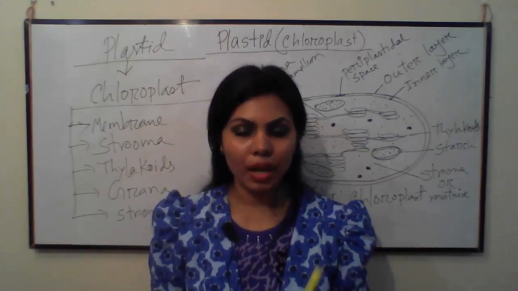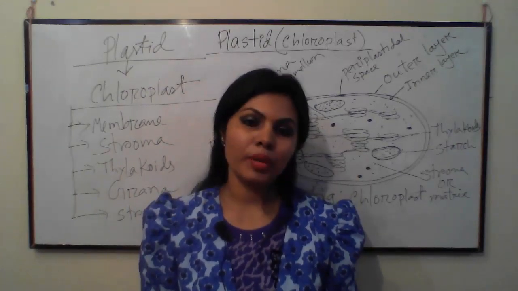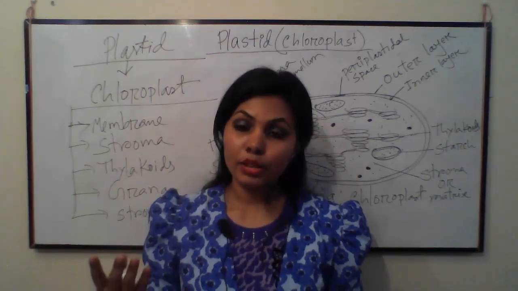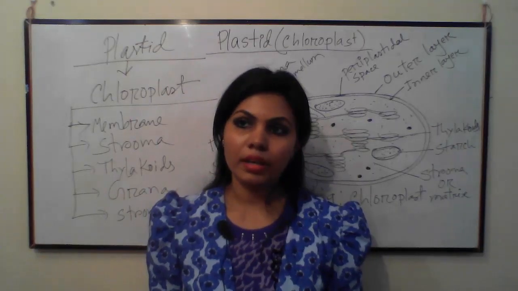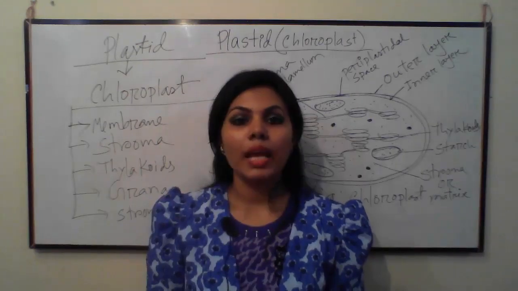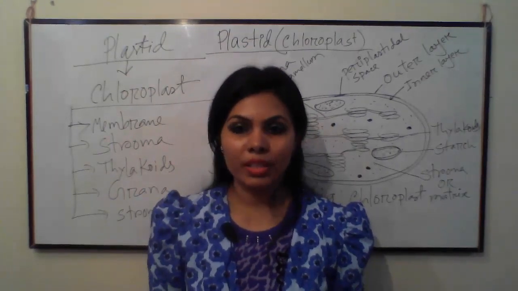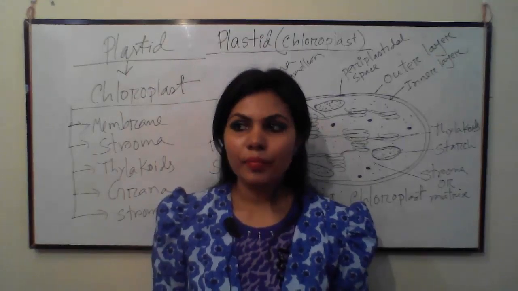That's why chromoplasts are available in flowers and fruits. The pigments are xanthophylls and carotenoids.